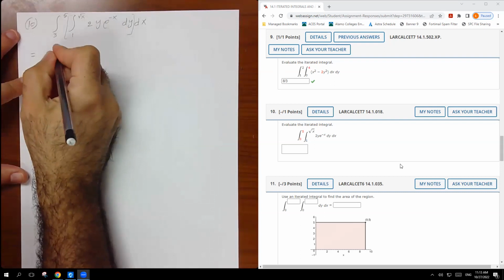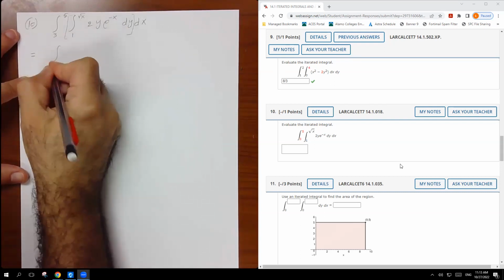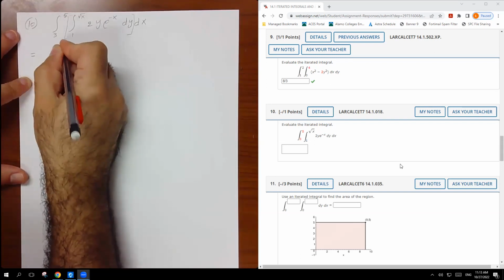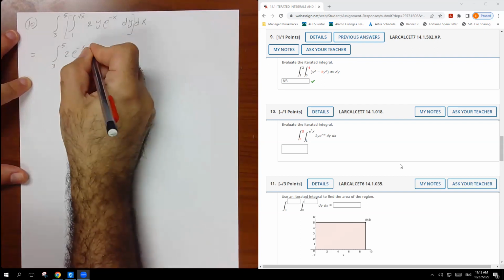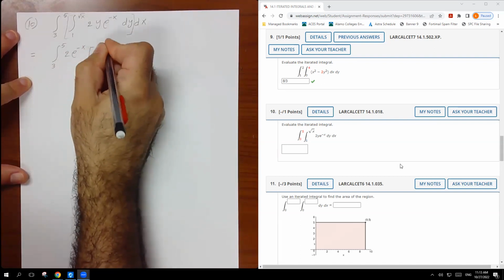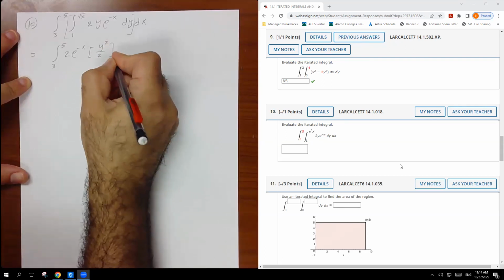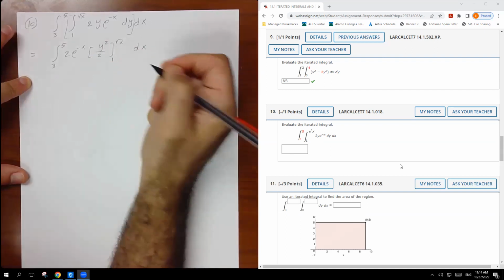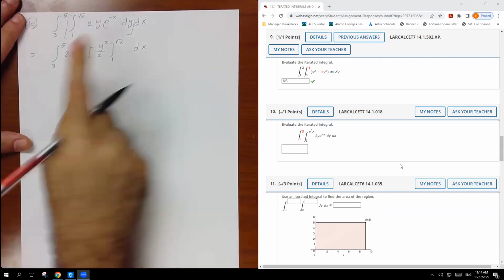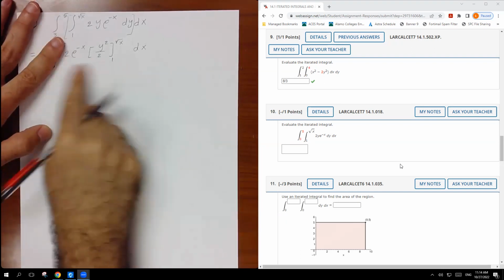That means it's going to be the integral from 3 to 5, and here is the constant. The integral for the y is going to be y squared over 2, and the border is from 1 to the square root of x. And here is the dx. So this is a constant.